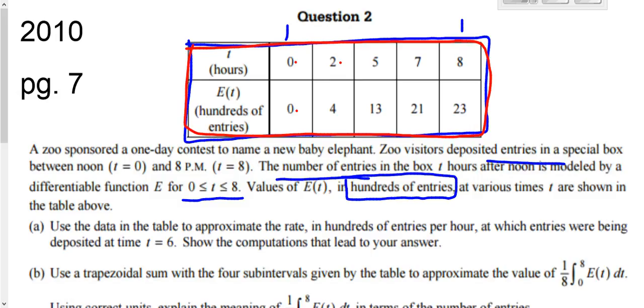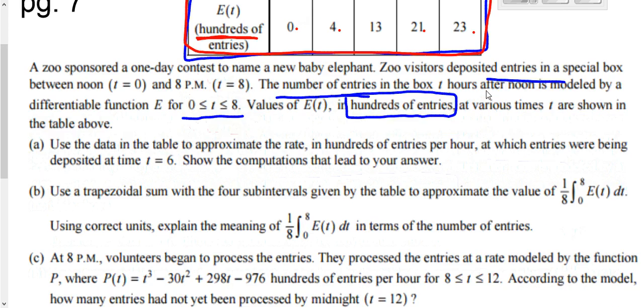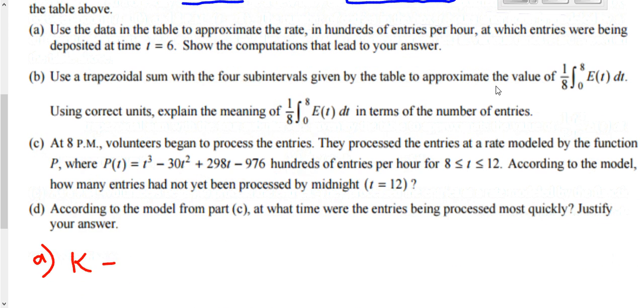At 2, we have 400 entries. At 5 hours, we have 1,300 entries. At 7 hours, we have 2,100 entries, and at 8 hours, we have 2,300 entries. So that is telling us exactly what the entries are. So this is exactly number of entries.